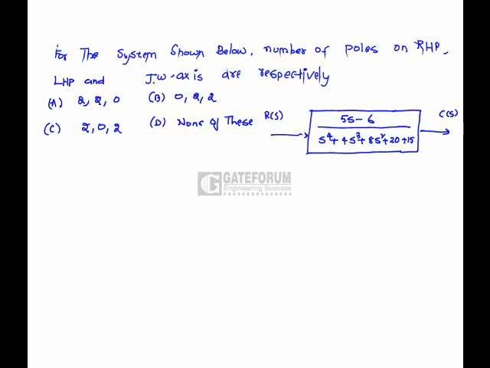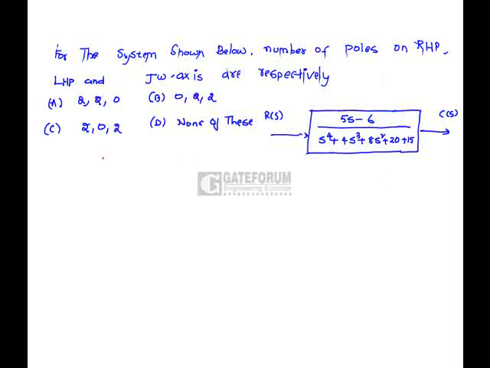For the system shown below, the number of poles on RHP, LHP and j omega axis are respectively. In order to decide where the pole locations are, we have to write the RH criteria for the characteristic equation. Here C of S by R of S is nothing but the closed loop transfer function.